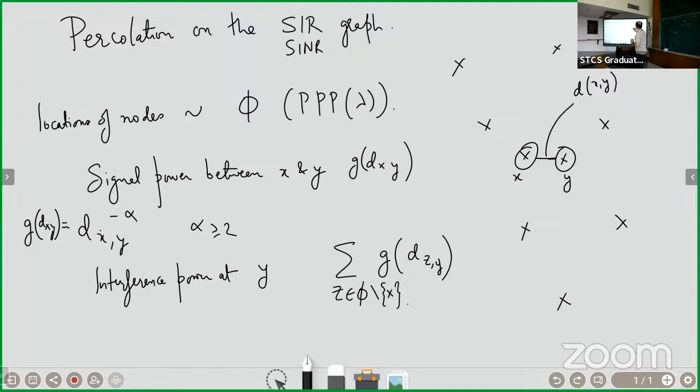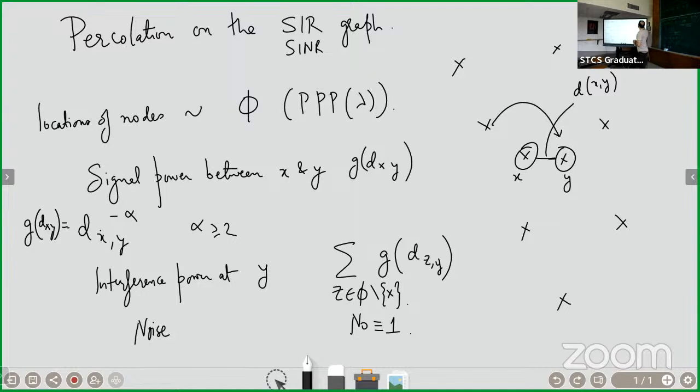So all of them are transmitting at the same time, so they result in interference at y. And noise power is some N0. Without loss of generality we can take it as fixed. It won't change anything.